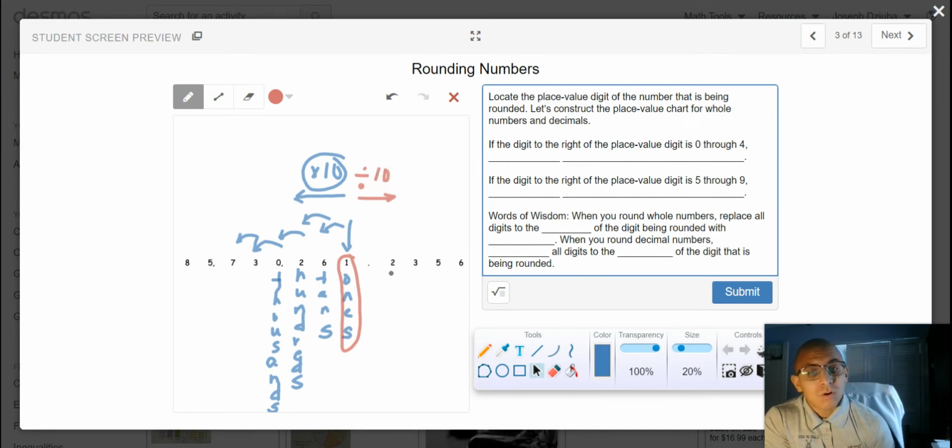Hence why we would call where this 2 is in its place value the tenths, right? The 1 divided by 10, 1/10. And if we take 1/10 and divide it by 10, that becomes 1/100th.